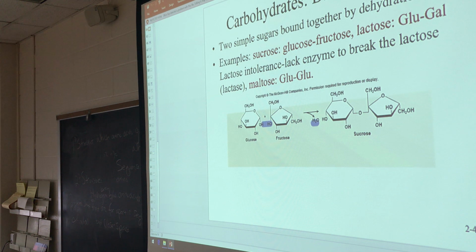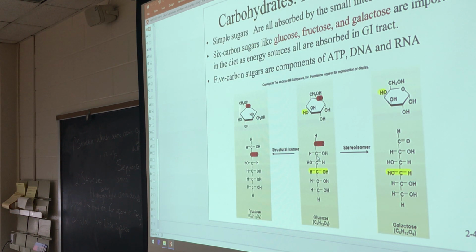So, here's glucose. Here's galactose. What's the difference? Just this carbon. The oxygen is facing one direction in glucose. The oxygen is facing the other direction in galactose. That's the only difference, right?